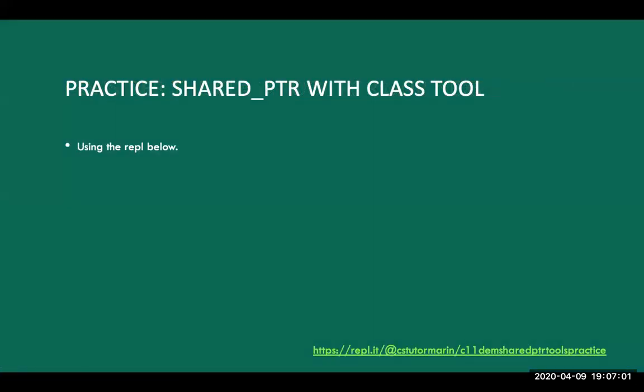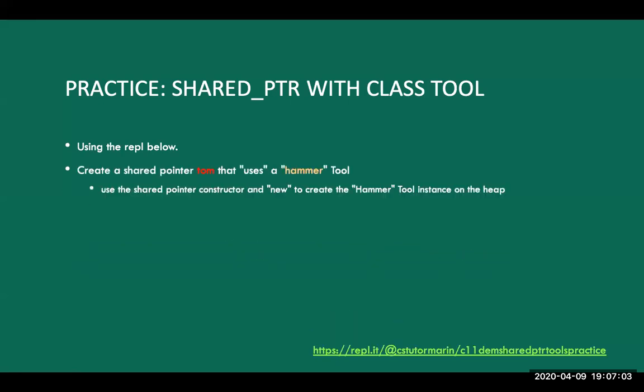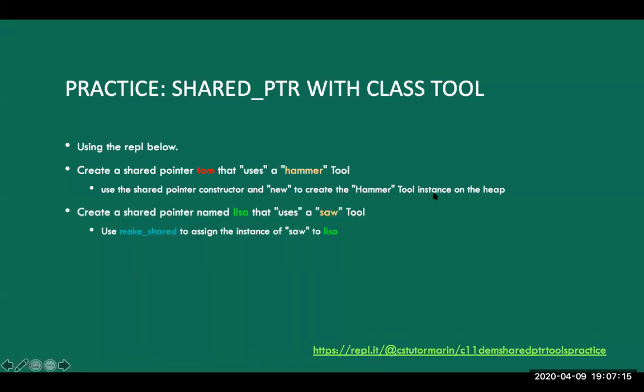So what I'd like you to try to do for your final exercise here, and I'll get you the links in a second, is basically create a shared pointer, Tom, or somebody that uses a hammer, right? And use the shared pointer constructor with new to create the hammer tool instance. And then create another one, call it Lisa or another person, and then use make_shared on that just to exercise your use of the make_shared utility, right?